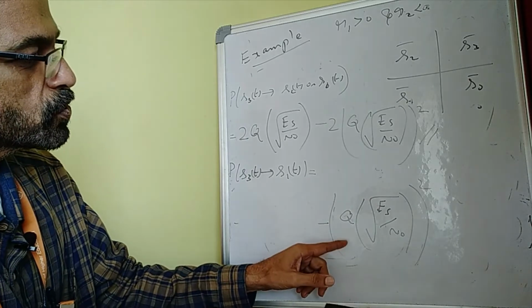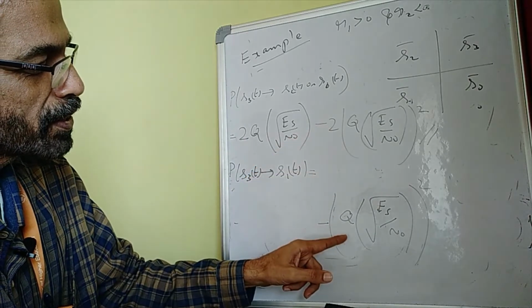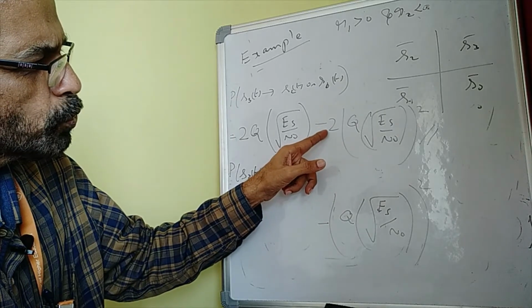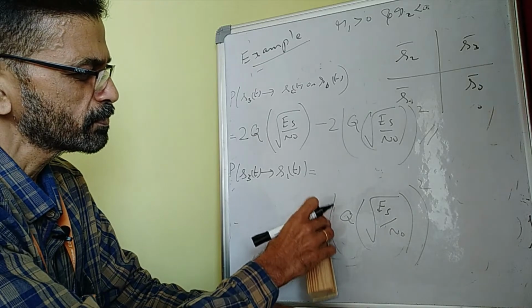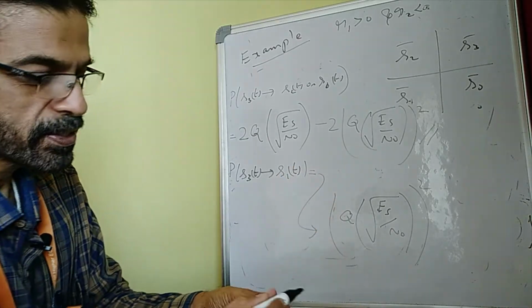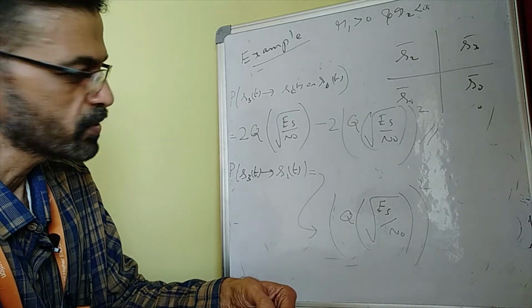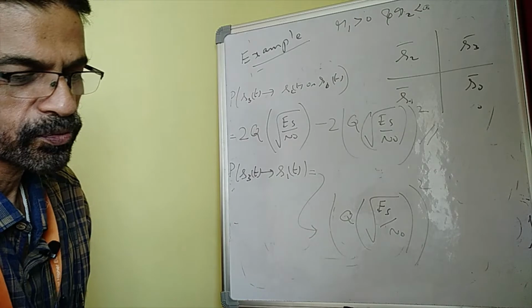And remember, from this you are subtracting this, so it gets multiplied by a negative sign and added to this. The result will be two times this minus once this, and that will give you simply this. So this is the probability of S3T being detected as S1T.